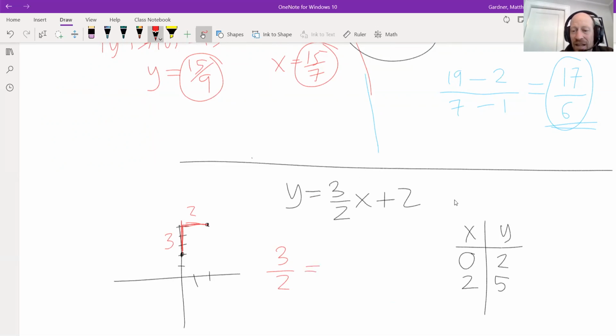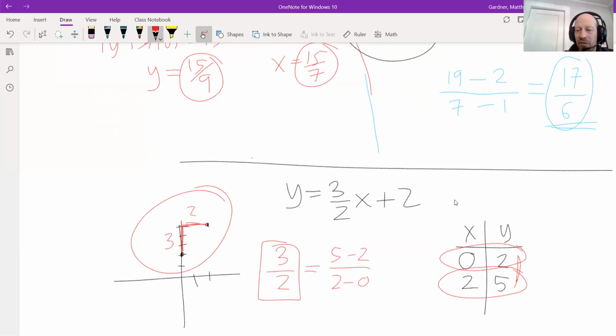Notice this is exactly what you get if you use these 2 points. y2 minus y1 would be 5 minus 2, and x2 minus x1 would be 2 minus 0. That would also give me this 3/2. So I can find it from the graph, I can find it from 2 points, and it is not a coincidence that this value here is the same.